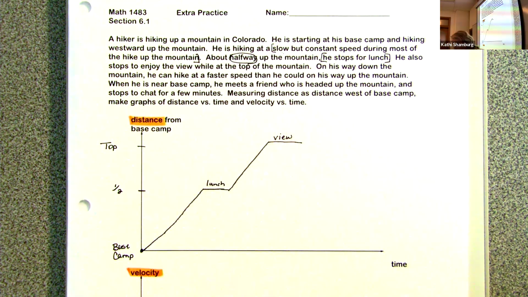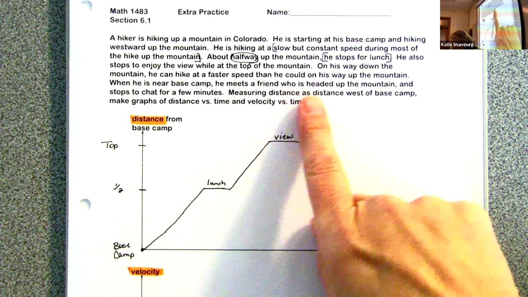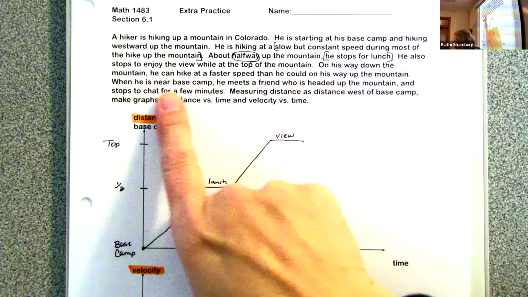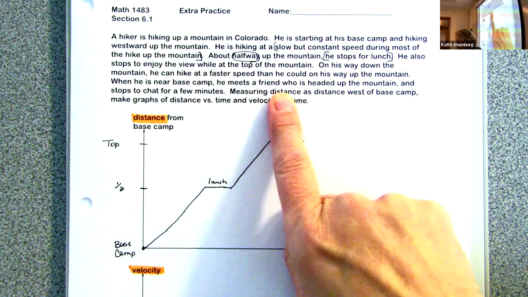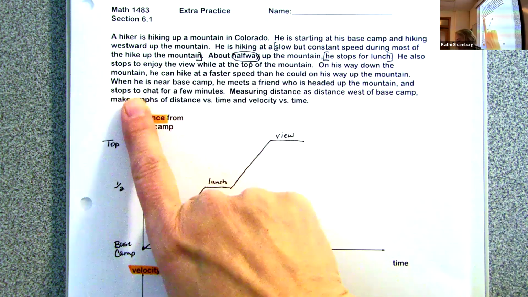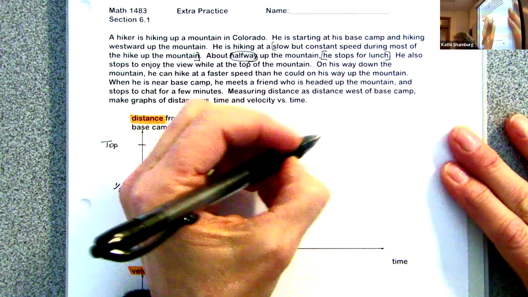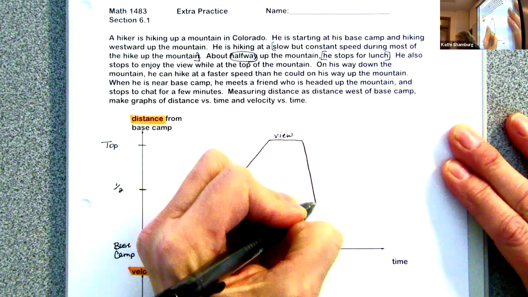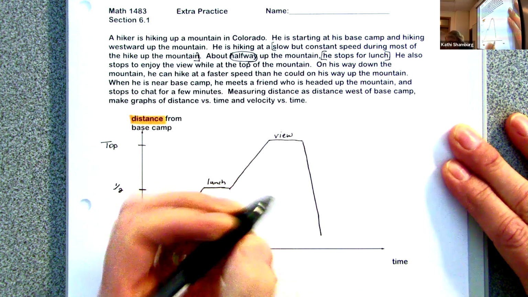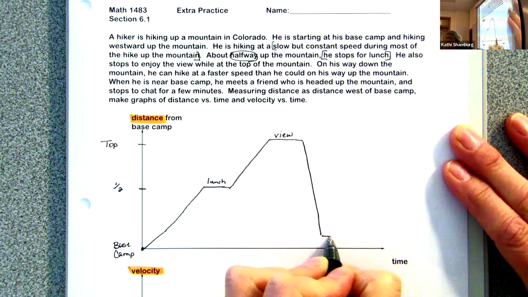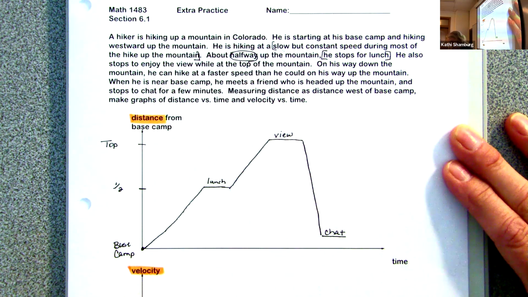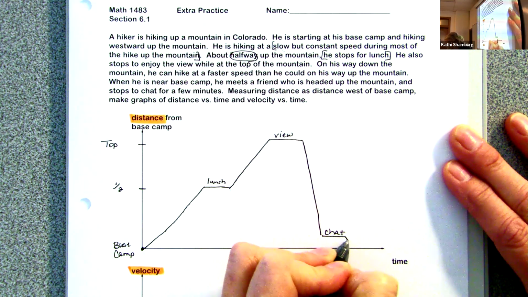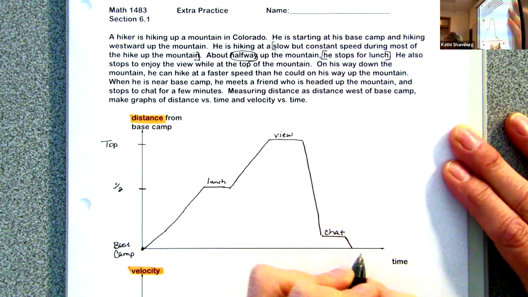So I wanna keep reading because I don't know that I'll get all the way down. When he is near the base camp, he meets a friend who is headed up the mountain and stops to chat. So this is gonna be steeper because he can go faster. Then he finishes back to base camp.